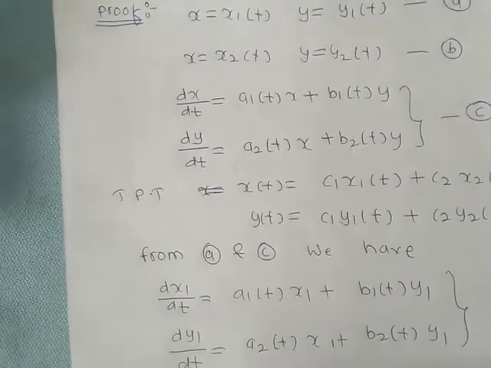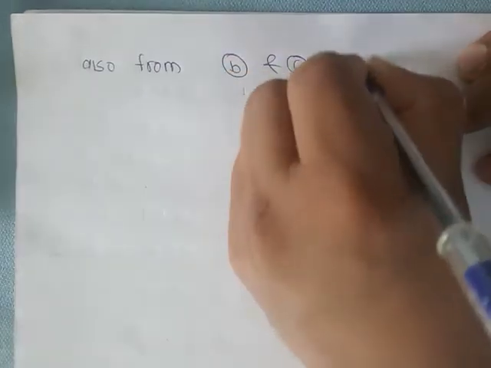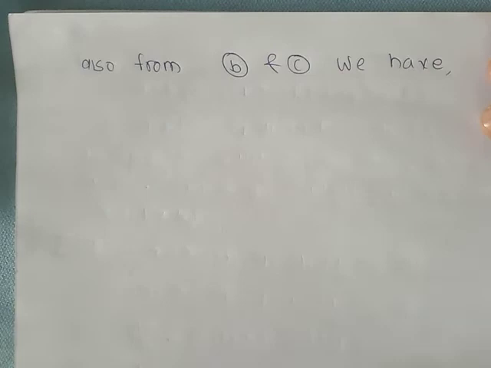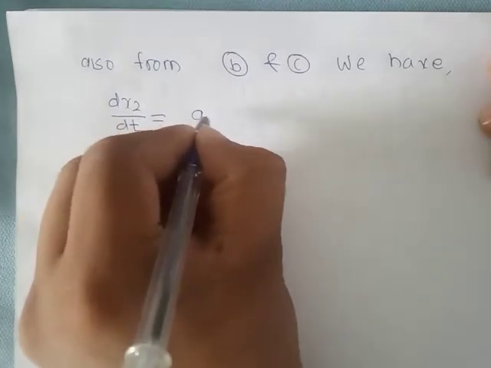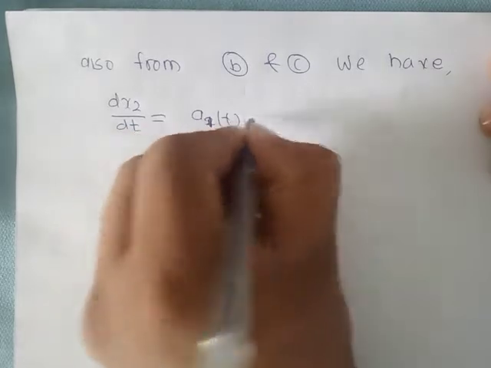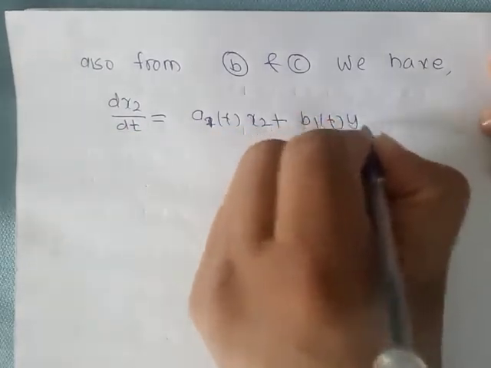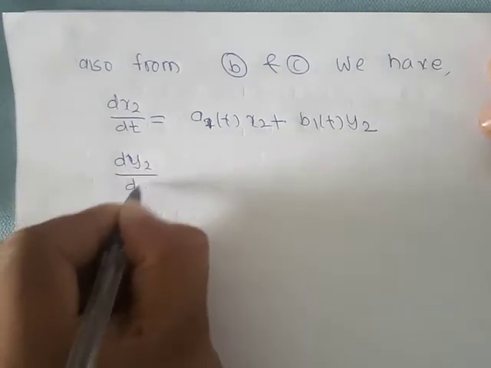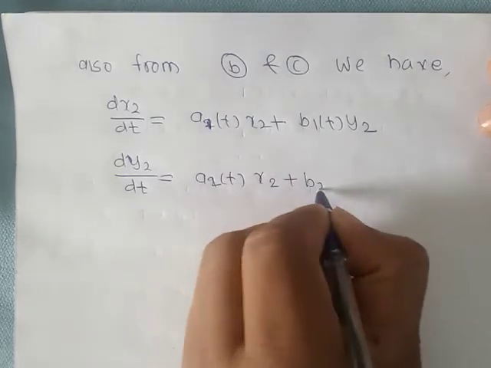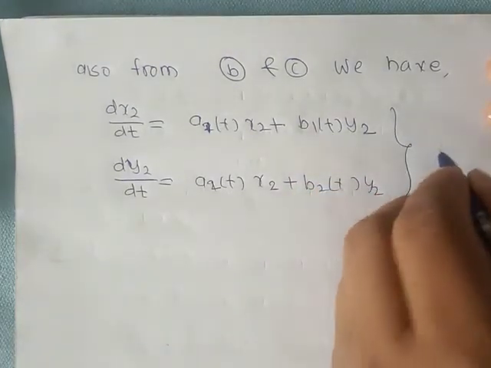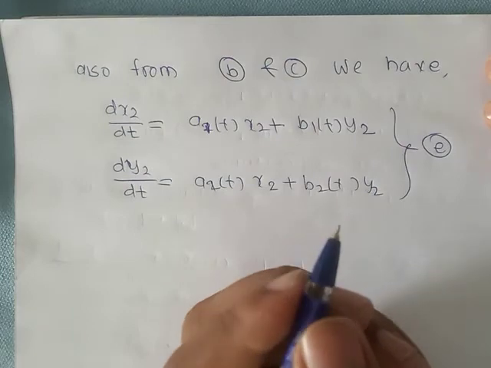Suppose this is equation D. Also from B and C we have, because B is a solution of C, so B must satisfy C: dx2 by dt is equal to a1 of t into x2 plus b1 of t into y2, dy2 by dt is equal to a2 of t x2 plus b2 of t y2. Suppose this is equation E.